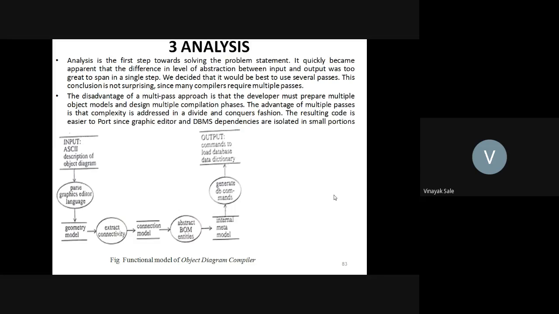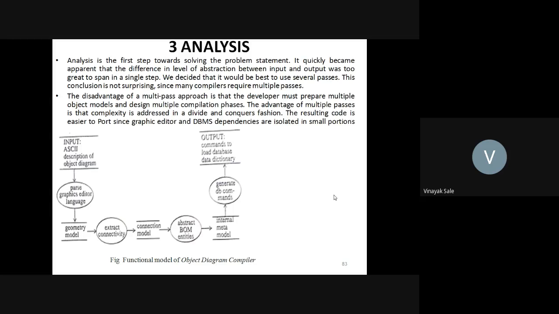This conclusion is not surprising, since many compilers require multiple passes. The disadvantage of the multiple pass approach is that the developer must prepare multiple object models and design multiple compiler phases. So if there are many passes, it is a tedious task for the developer or designer to develop multiple object models and design multiple compilation phases.